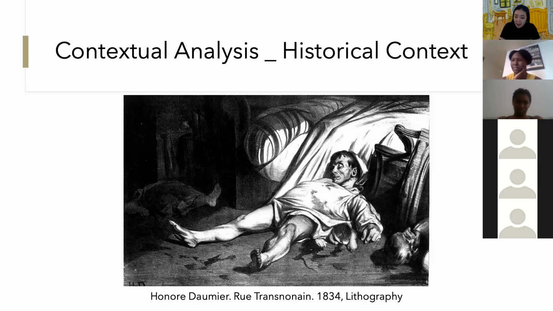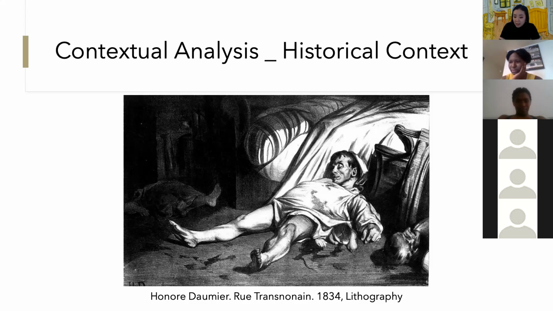The next day, the soldiers attacked the rioters very hard and broke down the doors of the building at number 12 Transnonain, supposed to be the one from which the shot was fired.